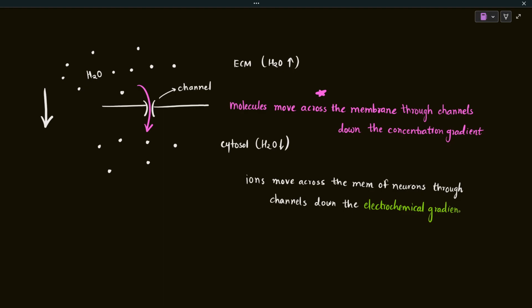Okay, so we already know about the concentration gradient. But in the case of ions, the electrochemical gradient is considered, which means this has two aspects. First, the electrical aspect, and the other one is the chemical aspect.